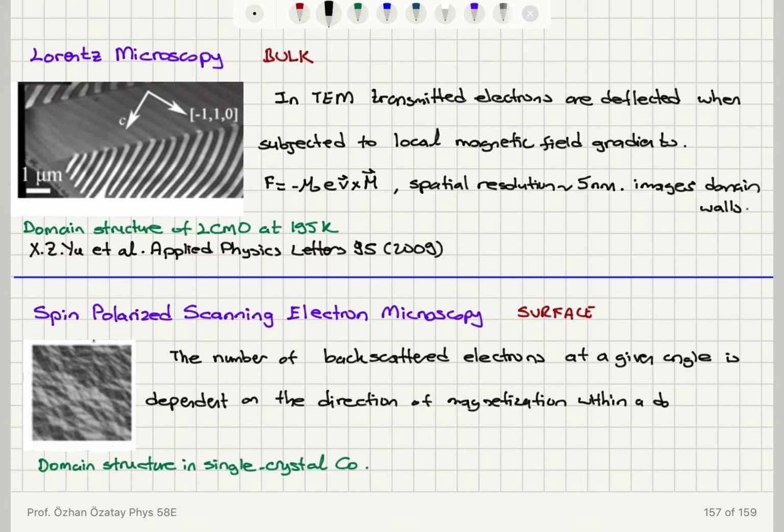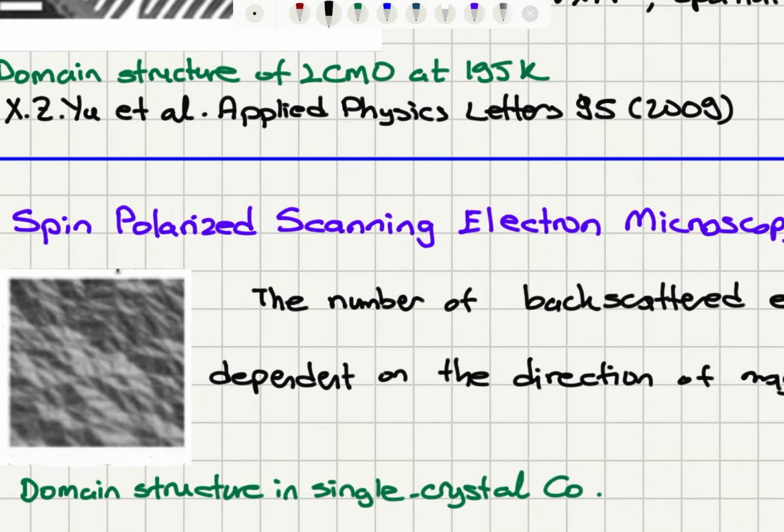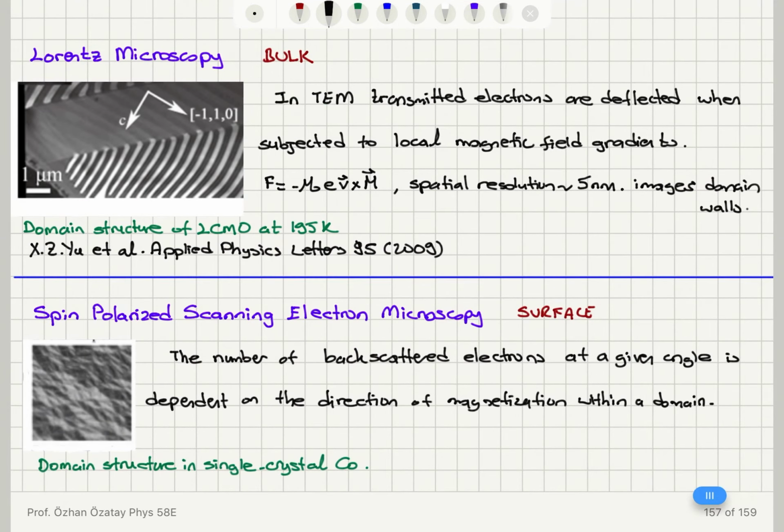So here we're imaging the domains directly. You can see one example, domain structure in single crystal cobalt. This was done by Hitachi, a spin polarized scanning electron microscope.